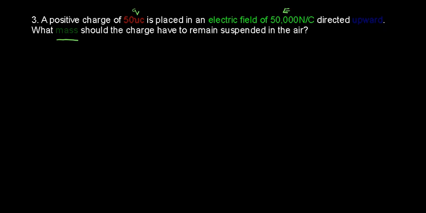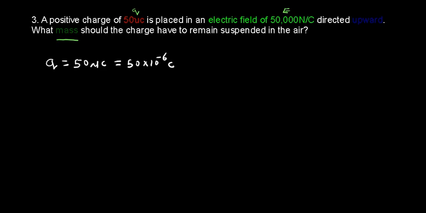So let's go ahead and write out our parameters. The first one is our charge, Q, which is equal to 50 microcoulombs, which is equal to 50 times 10 raised to power negative 6 coulombs.